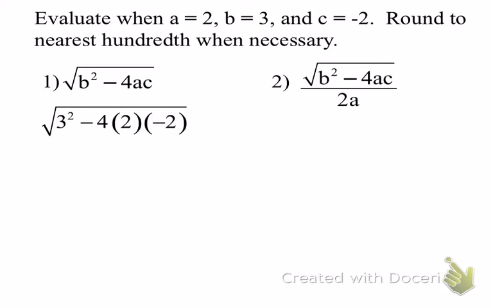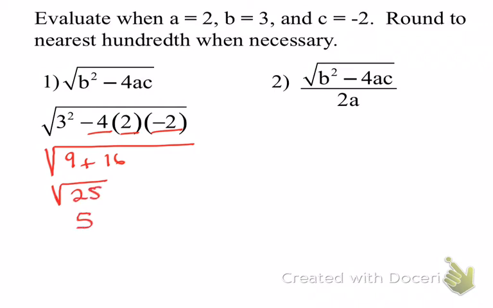Notice it says 3 squared, right? It's 9. And notice right here, it's negative 4 times 2 times negative 2. A negative times a negative is a positive. And 4 times 2 is 8 times another 2 is 16. You with me? And that simplifies to 25. And so that would be 5. Try the next one. Pause the recording and go on to number 2.